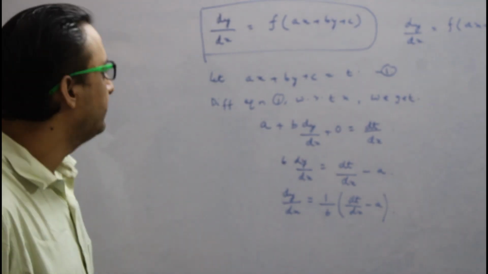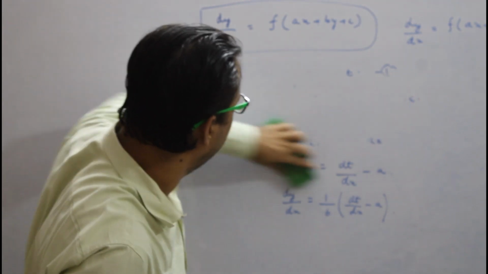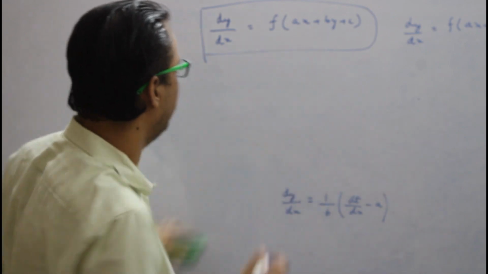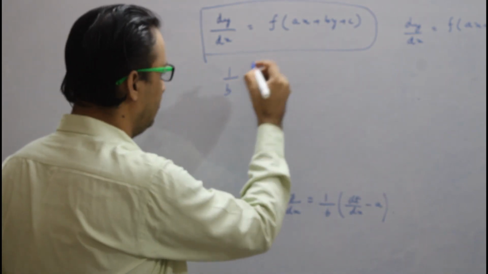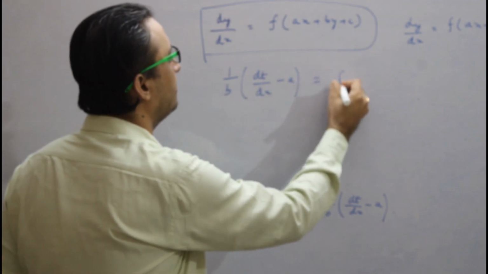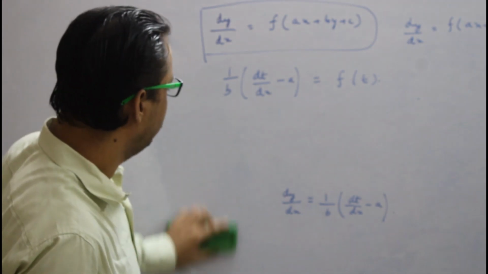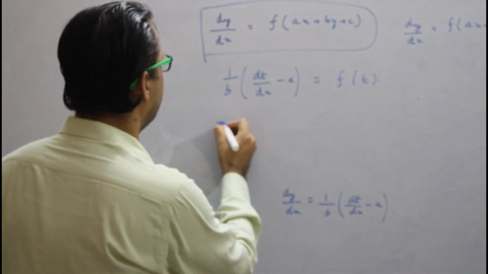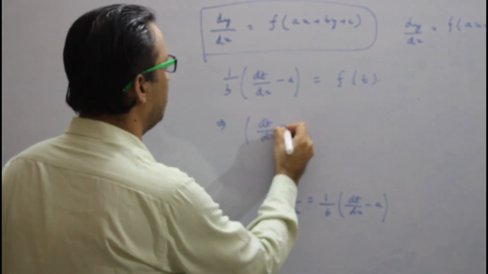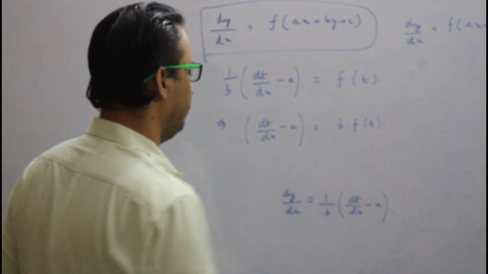So we will write it as 1 by b times dt by dx minus a is equal to f of t. So this can be further reduced as dt by dx minus a is equal to b times f of t.